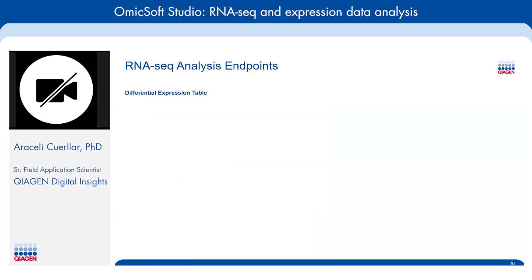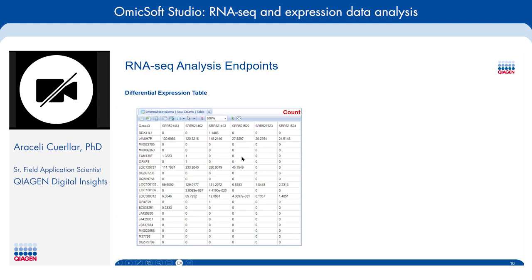So for today, let's imagine that your goal is to utilize OmicSoft to analyze expression data coming from RNA-Seq. Using a very simple analytical pipeline within OmicSoft Studio, you can upload your FASTQ files to generate a count matrix with expression values per gene, per sample, based on your sequencing data, or you can import your matrix file if you are starting off your analysis using a matrix.